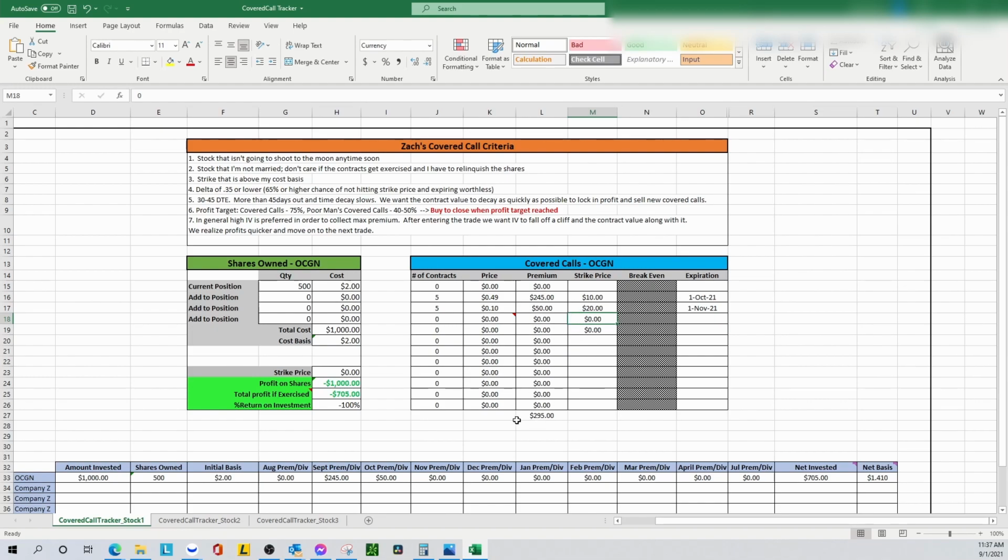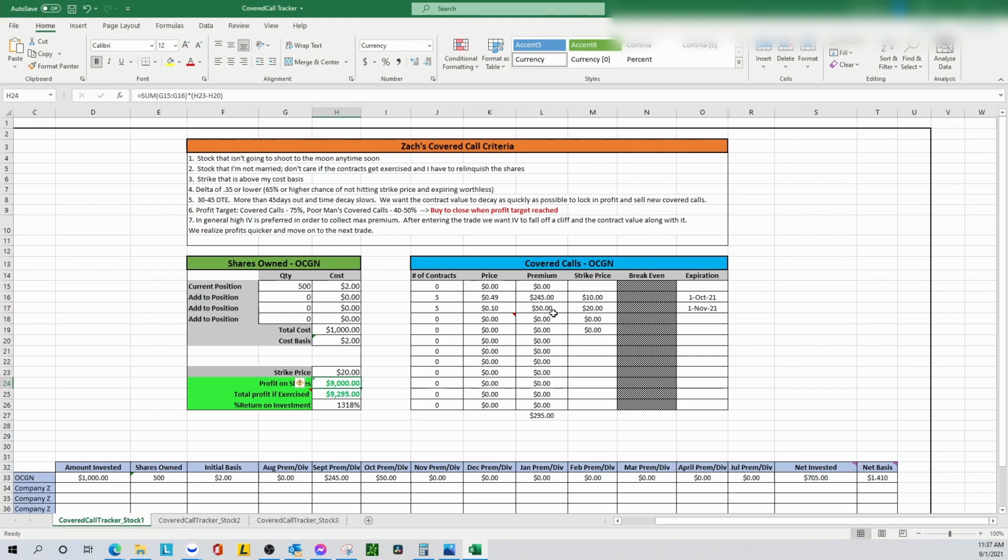So our total premium increases from $245 to $295. I'm just running an example to illustrate what this would look like if at expiration with the higher strike price, those shares get called away, what your profit would look like.